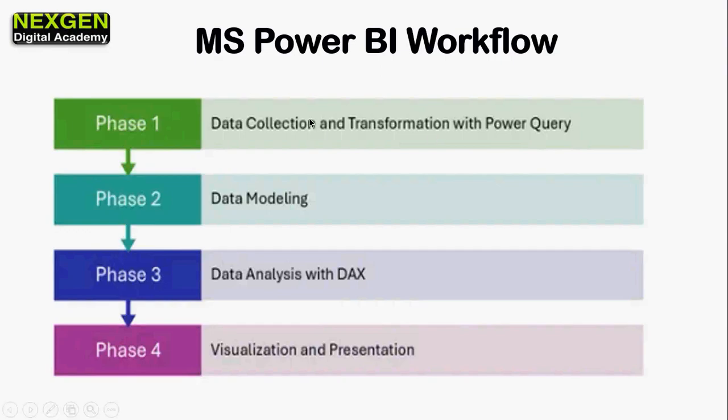So this first phase encompasses that flow. I'm taking my time to explain this flow because it's very important. For every data you need to analyze, you need to follow these 4 phases of the Power BI workflow.